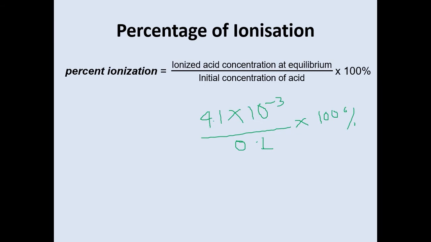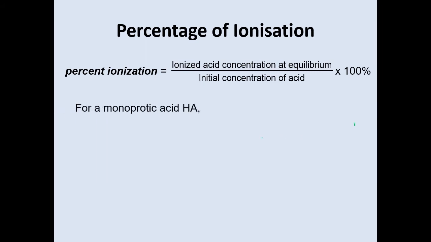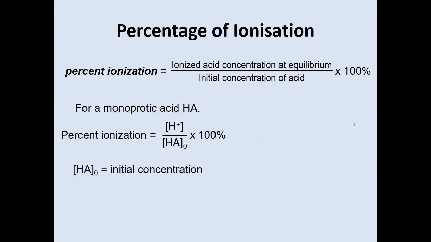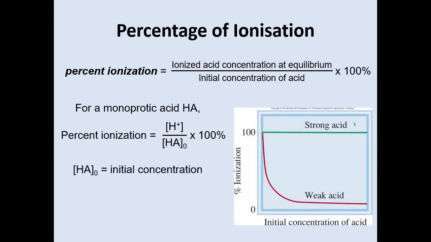All right. So this is how we find the percent ionization. Now we have seen this for a monoprotic acid, where one hydrogen ion is produced. For a strong acid, it is considered that from the very beginning, whenever it is in the solution, 100% will be dissociated.